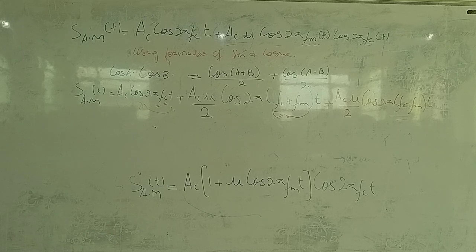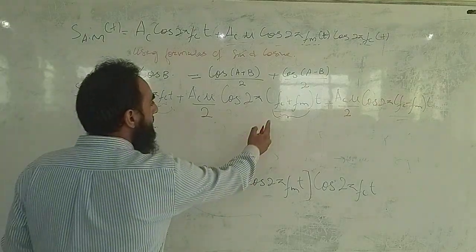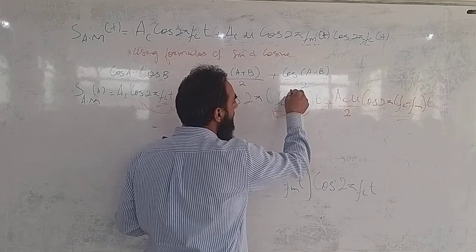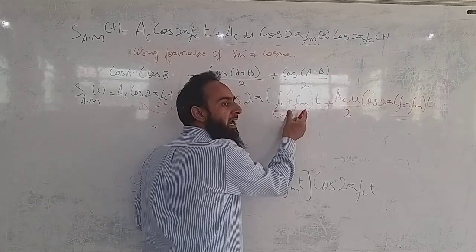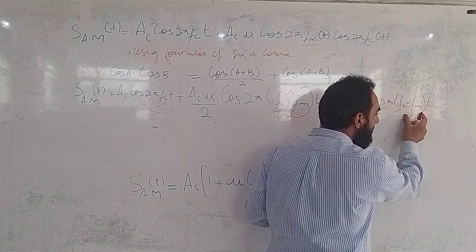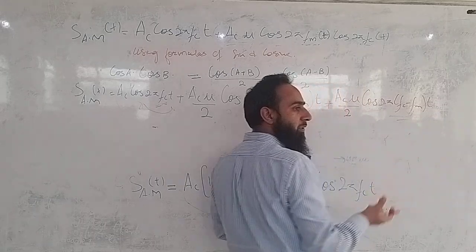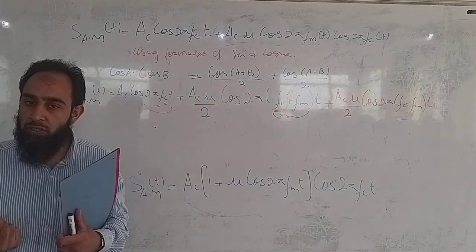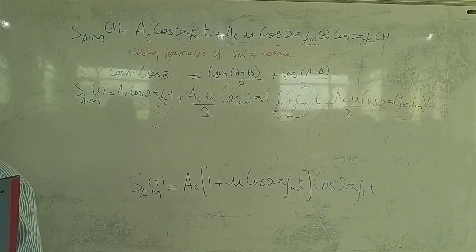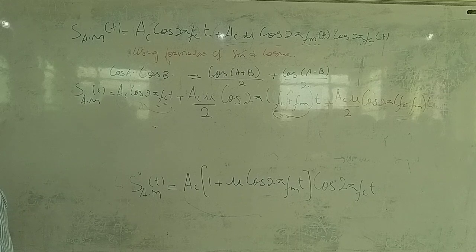Now why do I say upper and lower? Because the upper side band component has a frequency higher than f_c, and how much higher? By f_m. The lower one has a lower frequency. How much lower? By minus f_m. So that's why the plus version is called the upper side band and the minus version is called the lower side band. You get the point? So what are the three parts?